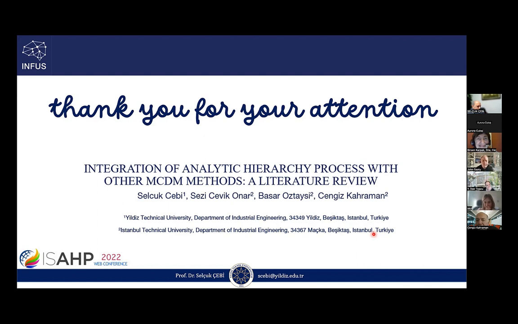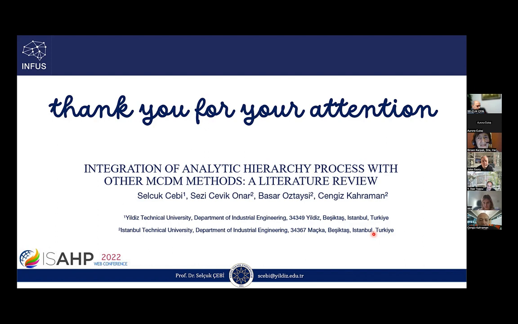This is the main difference. And discordance sets and concordance sets are all used in outranking methods. And in all of these methods, fuzzy sets are also very suitable to use.